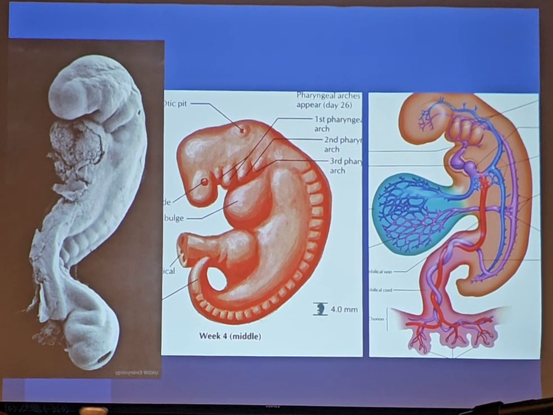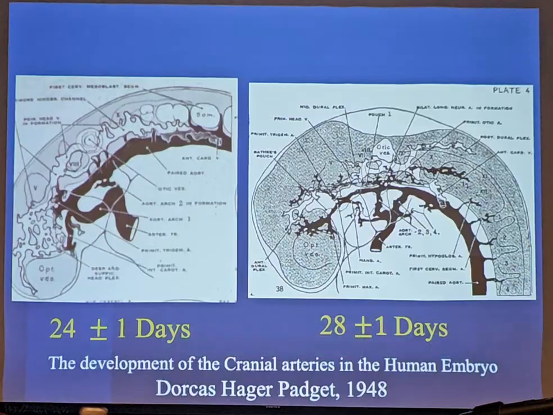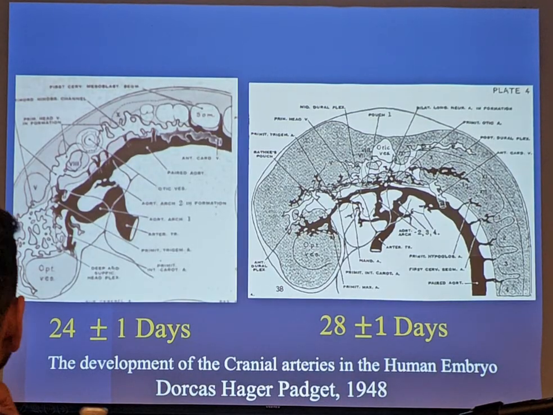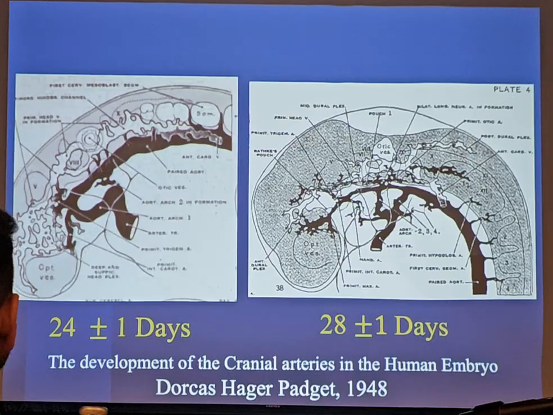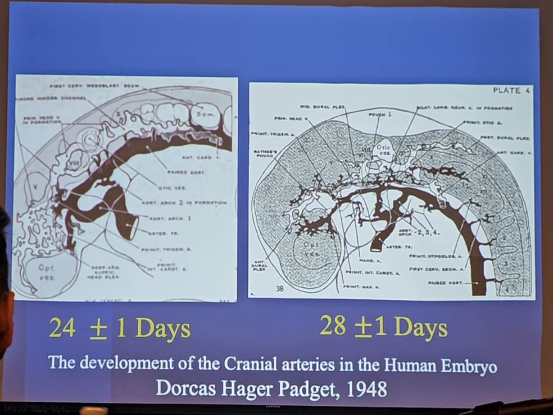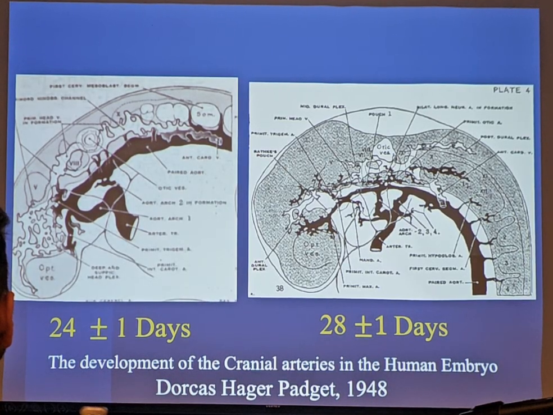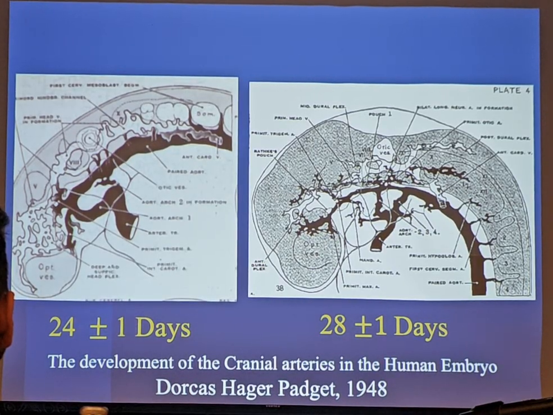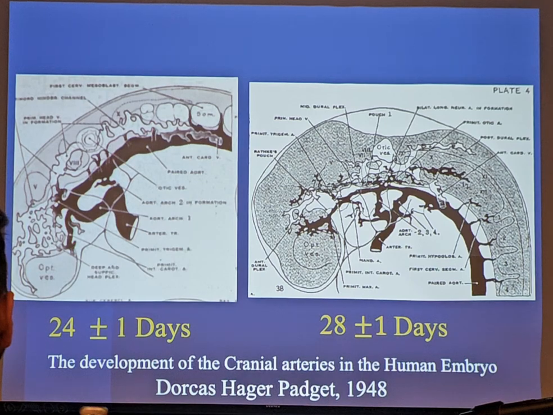From there, we learned a lot from Dorothy Hager-Padget. She was not a physician; she was an art student, a biologist. She was working in Dandy's surgical lab, doing surgical illustration for Dandy, who was the chairman of neurosurgery at Johns Hopkins at that time.